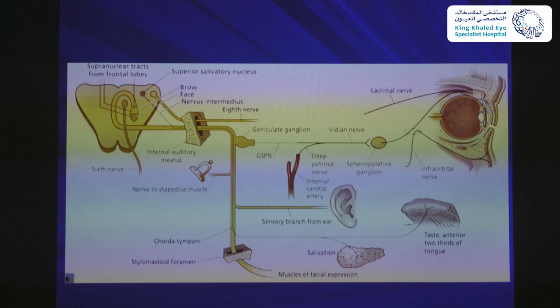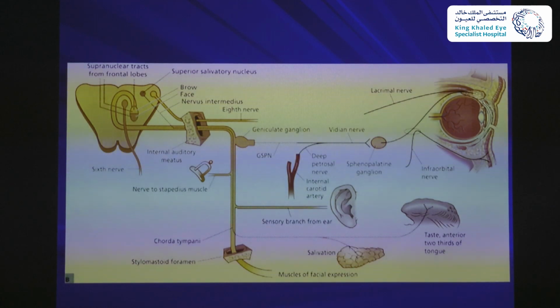So it has really different insulting factors, depending on which location it happens. Your patient may have a tumor that causes an intracranial but lower motor neuron lesion, or it can happen in the brainstem and cause a supranuclear problem, which we don't see in ophthalmology.